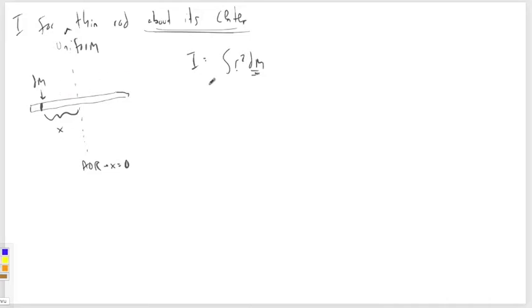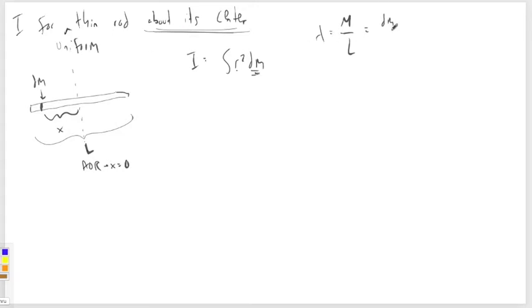So in order to relate these two things, I need to use density. You guys know that lambda is linear density. Let's say that this rod has a length of L. So total mass over total length will get me this ratio of linear density. Because it's uniform, that's going to be constant.